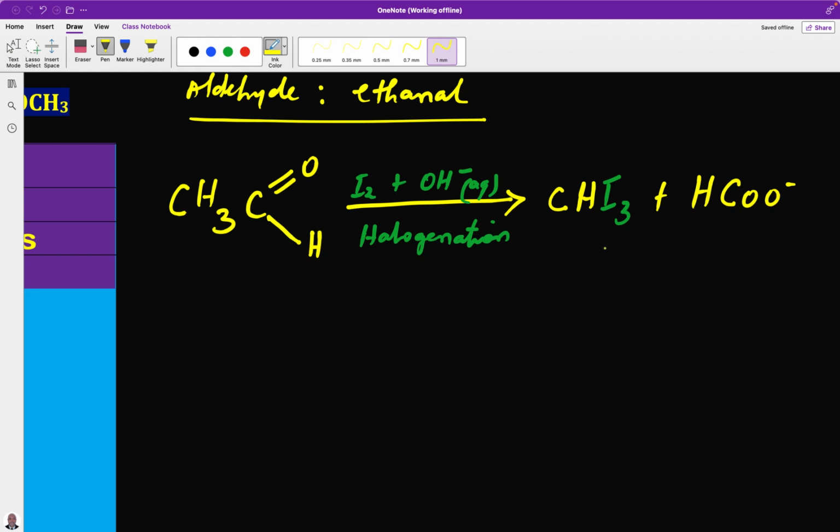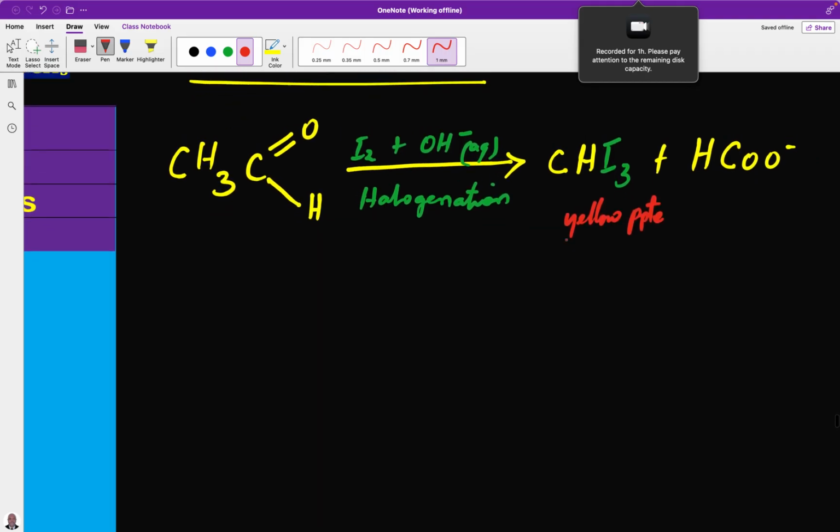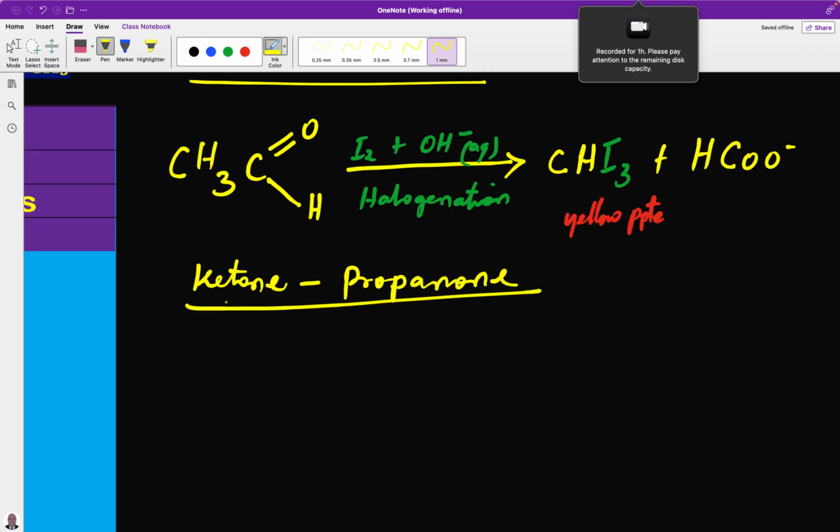So now, this is what we call a yellow precipitate of triiodomethane. This is a yellow precipitate here. With propanone, this will be the reaction with propanone, that is a ketone.